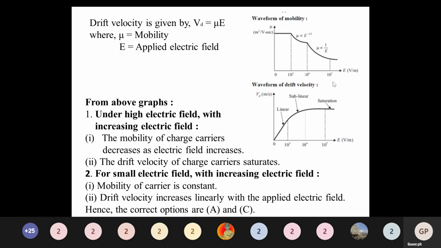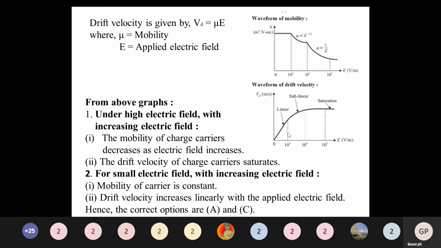This one is drawn between electric field and mobility. Similarly, there is another concept: the graph between electric field and drift velocity Vd. In this case also, as the electric field E increases, the drift velocity also increases.